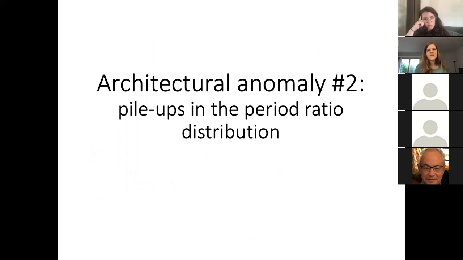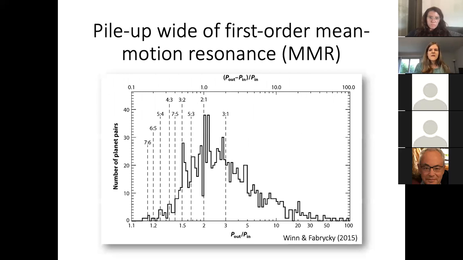Just as the ultra short period planet problem stemmed from some anomalies in the distribution of the orbital periods, there are also some peculiarities when we look at the distribution of orbital period ratios. This problem still pertains to these close-in multi-planet systems, but I'm not going to be focusing on the extremely short period planets anymore. We can see this problem when we look at the distribution of orbital periods, which I'm showing here for Kepler systems.